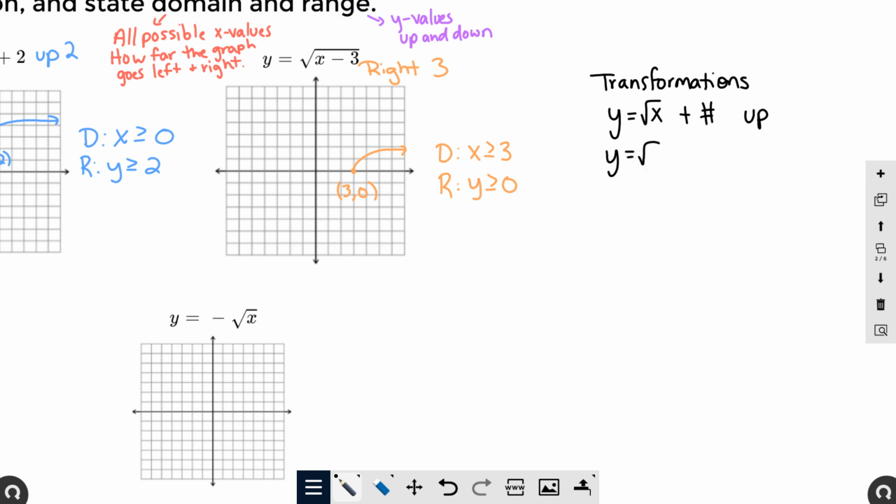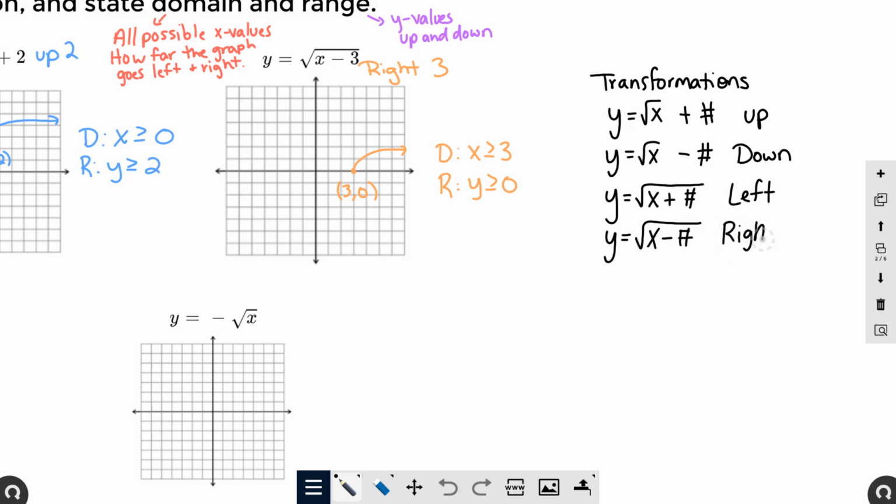If we have y equals square root of x minus a number, it's going to make it move down. If we have y equals the square root of x plus a number on the inside, so now it's plus on the inside, it's going to move which direction? Left. And if it's minus on the inside, it's going to move right. So remember, if it's with x, it's opposite of what you think.